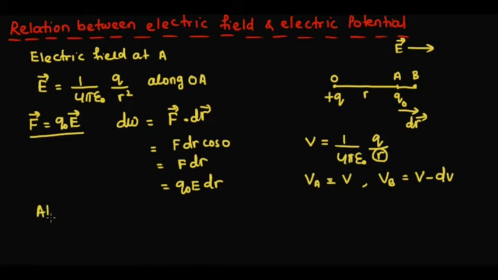So also we know that work done dW is equal to Q naught into delta V. And what is delta V? Delta V is the change in potential, means delta V is equal to potential of the final point minus potential of the initial point.